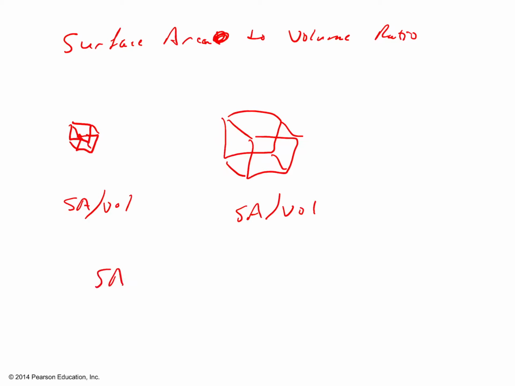All right. Now, the key to understanding this is that surface area, being two-dimensional, grows by the square. Volume, being three-dimensional, grows by the cube. So do the math. Take the number 2 and square it. 2 times 2 equals 4, right? 2 squared equals 4.